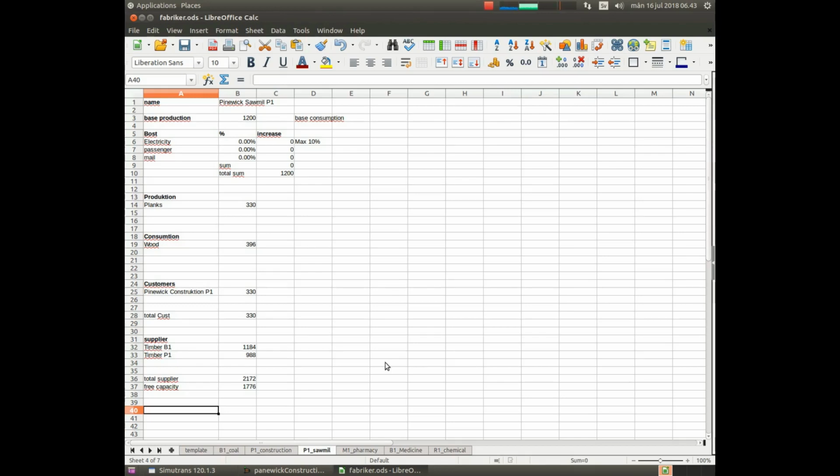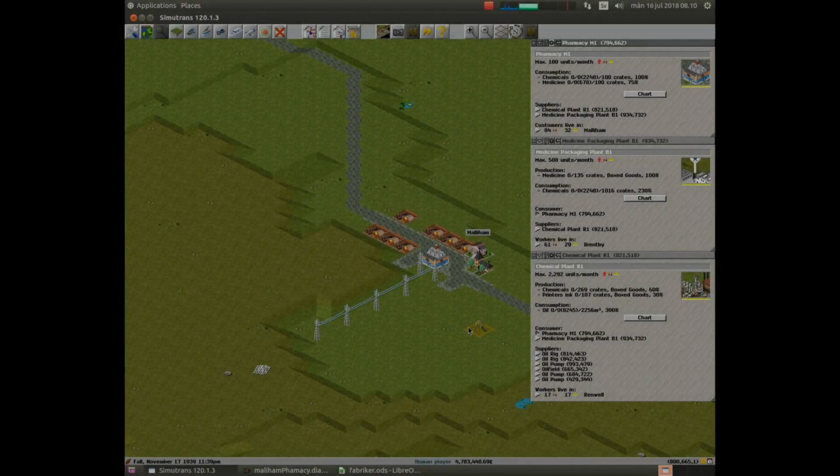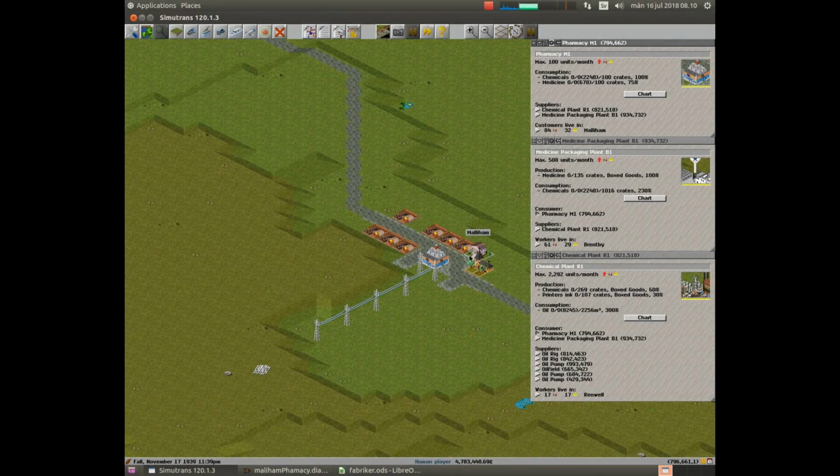But we have also one more complicated chain with a lot of calculation internally in the industry, and I think we should go on and take a look at that now. We should now take a look at a more advanced supply chain around this pharmacy.